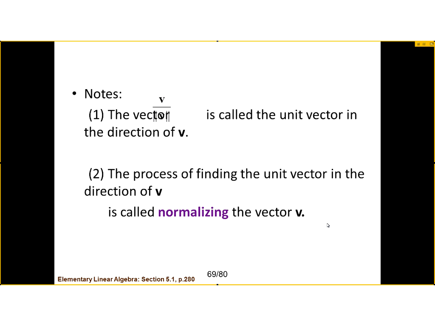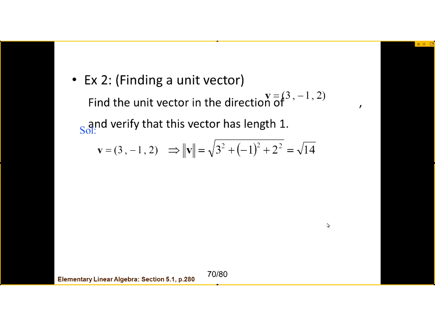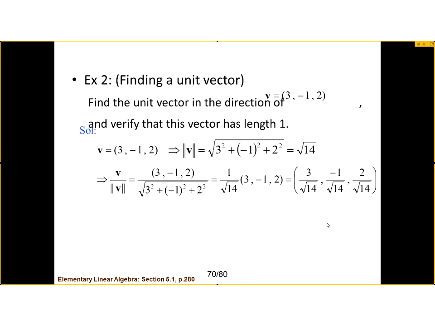Now, the second thing: just see the formula, v upon norm v. This is the formula of the unit vector. So we divide v, (3, -1, 2), by the square root of 14. Then we observe that the components are 3, -1 and 2, and the denominator is the square root of 14.